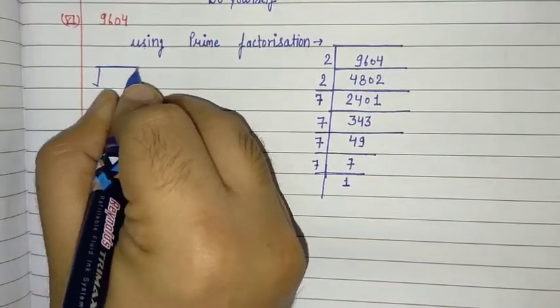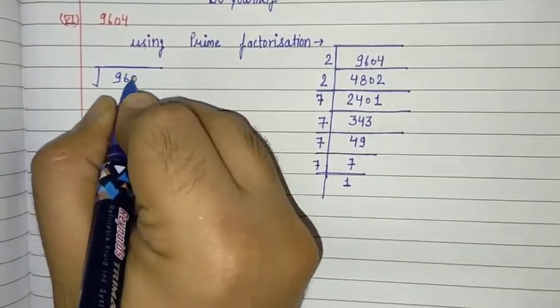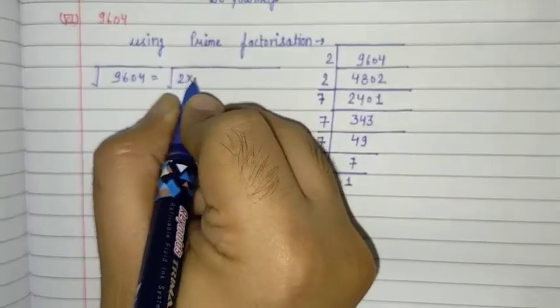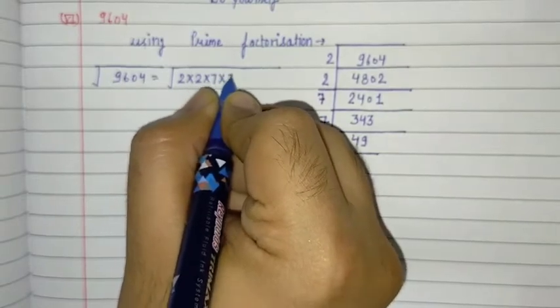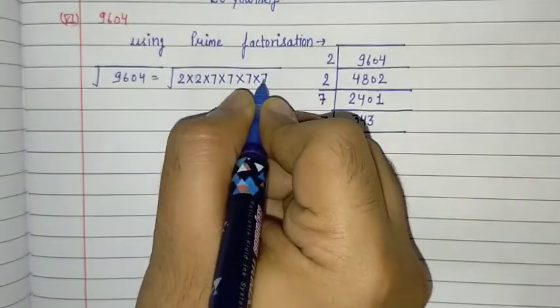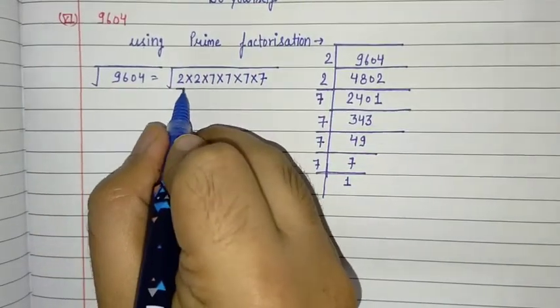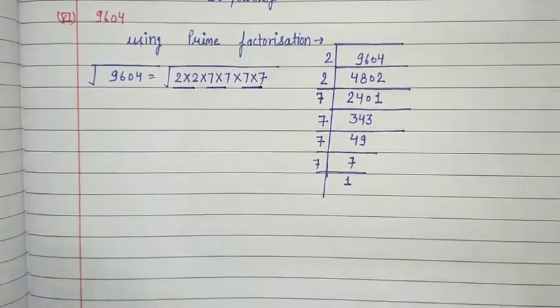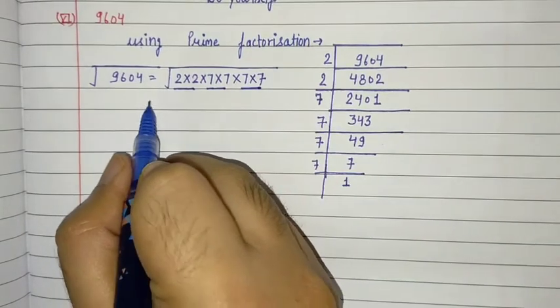Here you can write the square root of this number is equal to the square root of 2 into 2 into 7 multiplied by 7 into 7 into 7. Now do the pairing. One pair of 2, and pairs of 7 and 7. Pairing done.